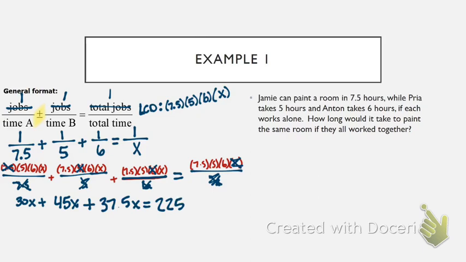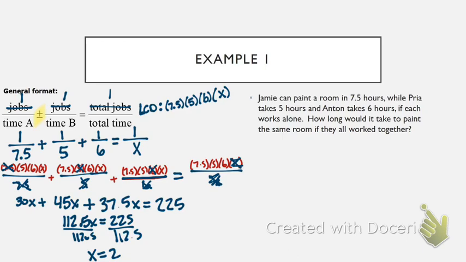And then over here, when I add all these up, I get 112.5x equals 225. We divide, and we get x equals 2.